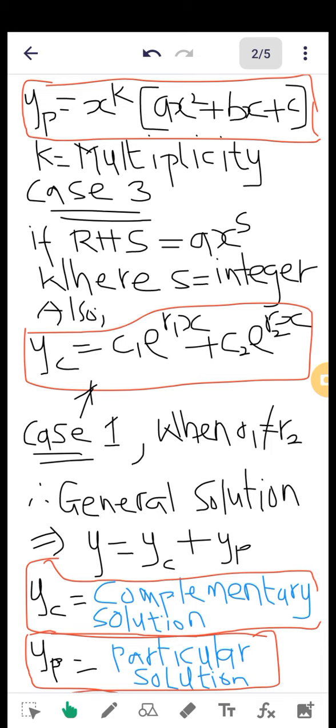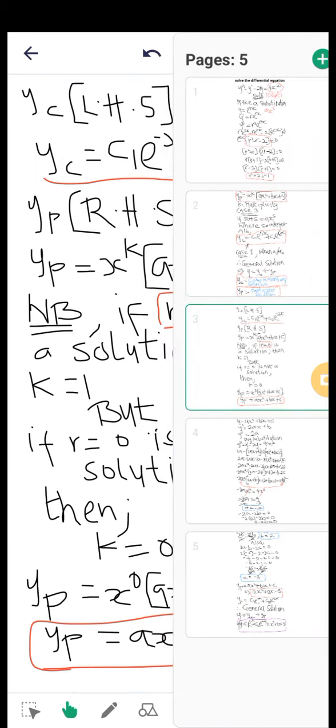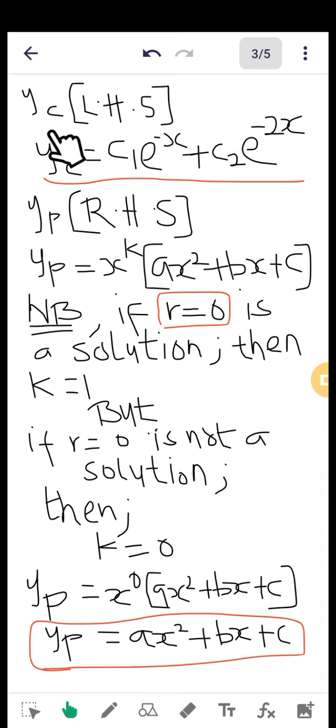Bear in mind, these are the two things that we need to know. If r equals 0 is a solution, then my k will be 1. But if r equals 0 is not a solution, then my k is 0.